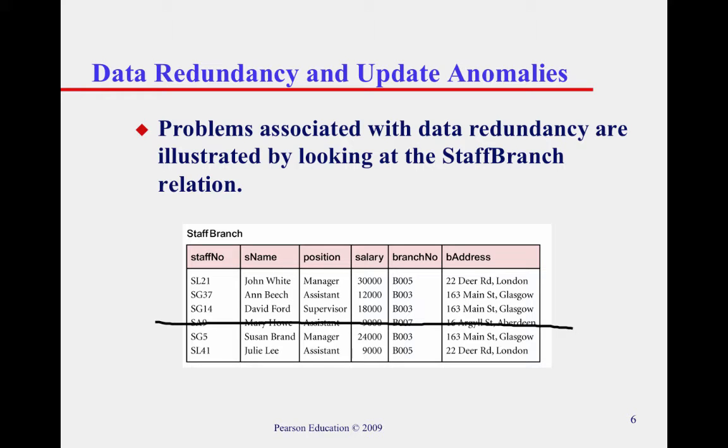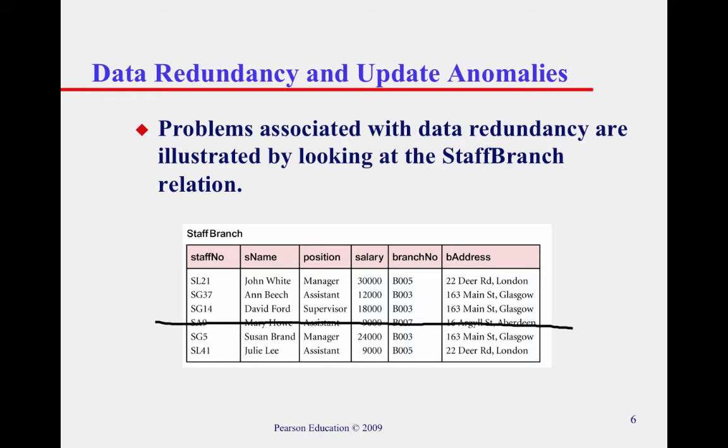So insertion is where you can't insert into a relation because you need to leave some columns null. And if you were to do that, it would fail because the primary key would be null. That's an insertion anomaly.